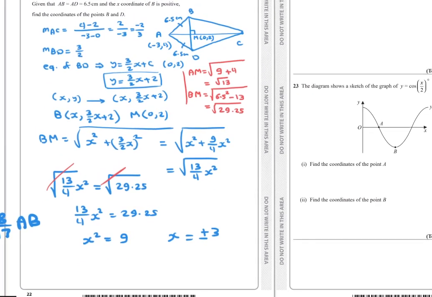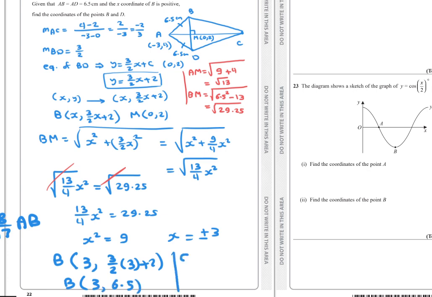Because he told you that the X coordinate of B is positive, X is 3, so to find point B, substitute X by 3 in BD, which is 3 over 2X plus 2, so 3 over 2 times 3 plus 2, so point B equals 3 and 6.5.